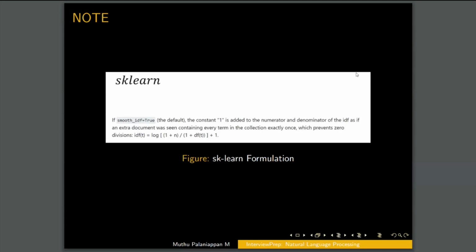If you do it in code, you'll get a slightly different answer for your inverse document frequency. That is why some people give a warning to use it properly, because there's a parameter called smooth_idf that you make true, because the default value is going to have the constant one. That particular thing prevents you from a zero division error. Perfectly fine. We are going to get a slightly different value for the IDF factors, right?